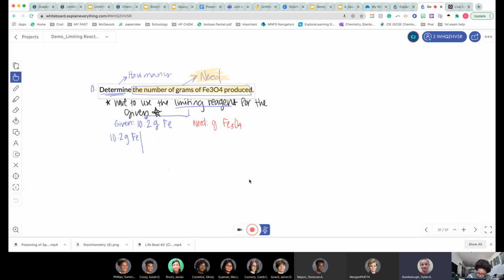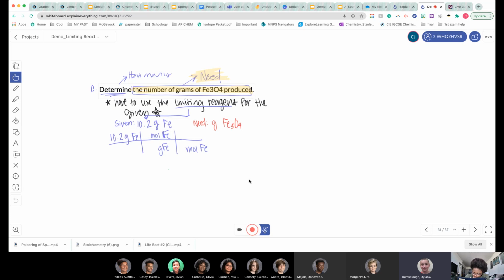Good. What do I have on the bottom? The same thing, grams of Fe. Good. What do I have on top? Moles of Fe. Good. And then we have moles of Fe on the bottom. Good. And what's on top?